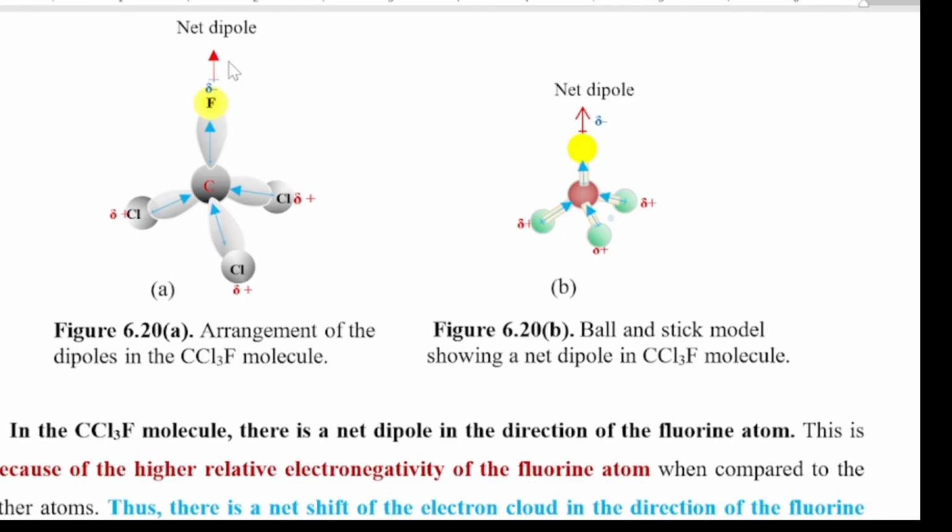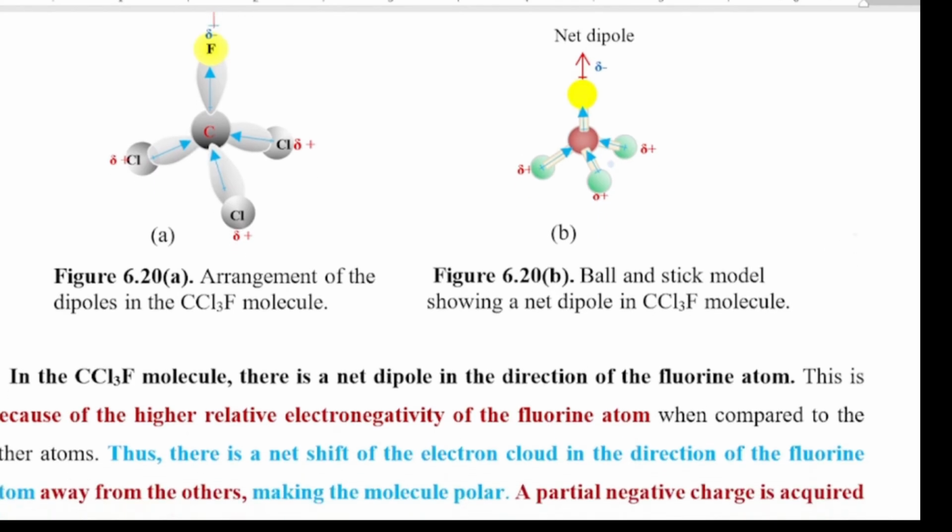So there will be a resultant net dipole in that direction, because this is a strong force pulling like that. As a result of that, this fluorine end here will be slightly negative, and electron will be pulled from that area going in that area there. This will be a polar molecule, and this is the ball and stick diagram there, model for that.